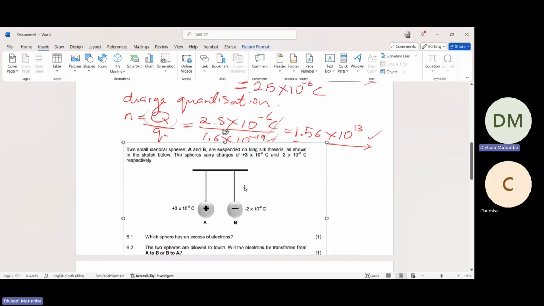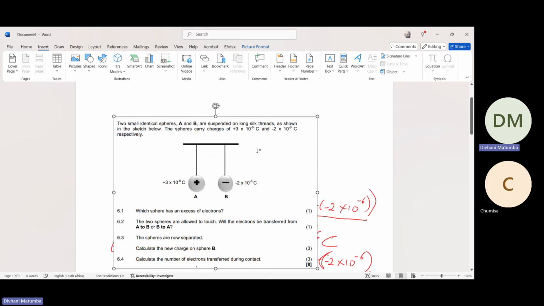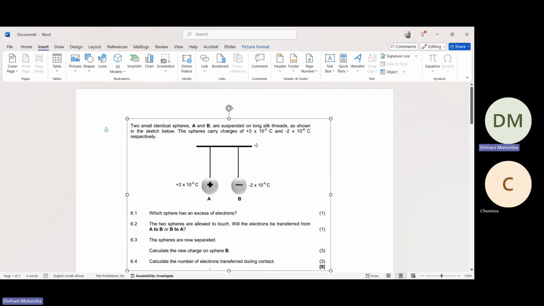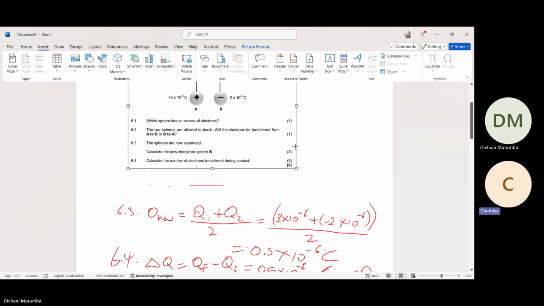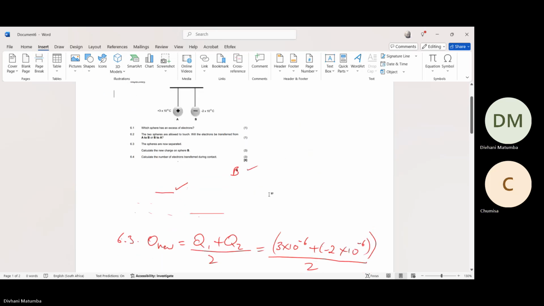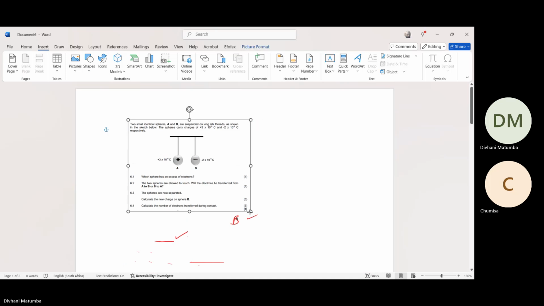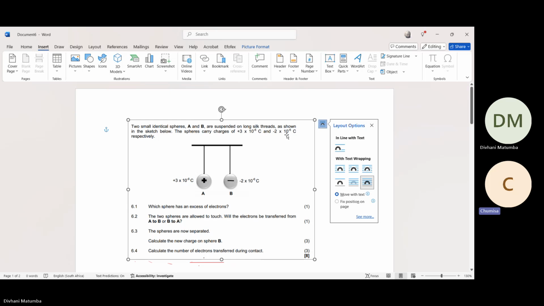Before we start with the electricity questions, what is electrostatics? What is electrostatics, Kumis? Study of charges at rest, sir. Perfect.